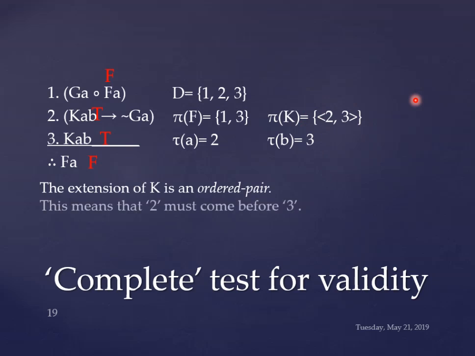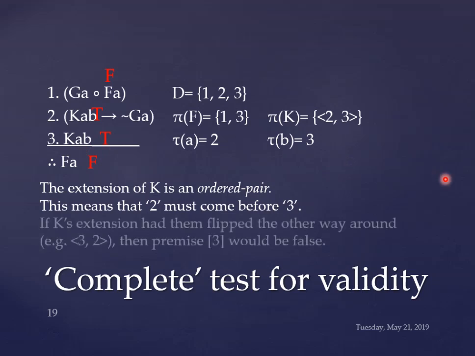What that means is that 2 must come before 3, which means that A must come before B in the way the names are arranged after the predicate. So, here's the deal. If K's extension had them flipped the other way around, suppose this is what I had in the extension of K and not this, then line 3 here would be false, because I would not have the pattern 2, 3 there. I would have the pattern 3, 2, and 3, 2 is not in the extension of K. So I hope that's clear.